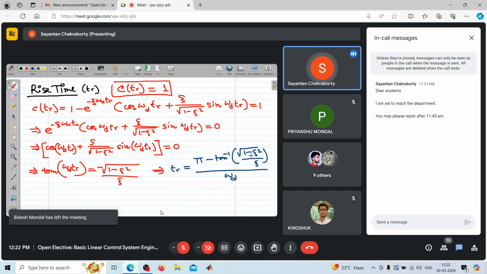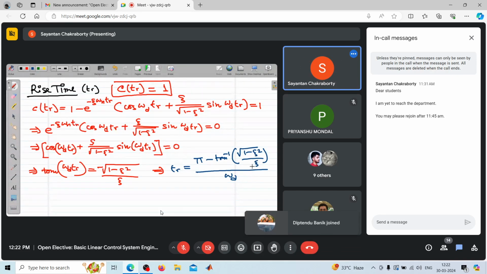And this tan inverse of root over 1 minus zeta square by zeta is nothing but, if you remember, these are the two complex conjugate poles that you have. Then if you draw a phasor from the origin, it will have a length omega n, and the angle that it makes with the real axis will be beta.